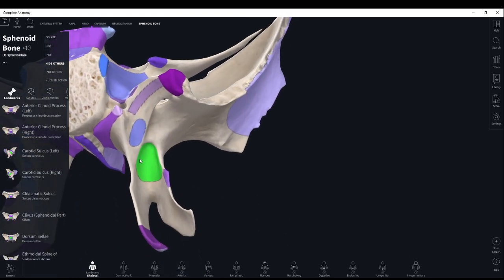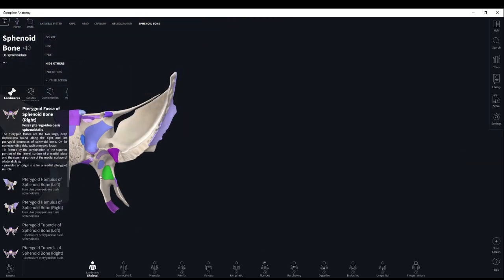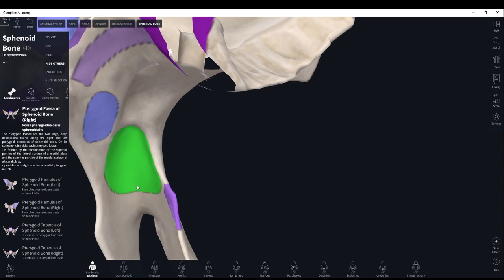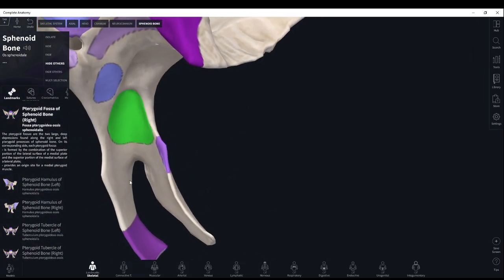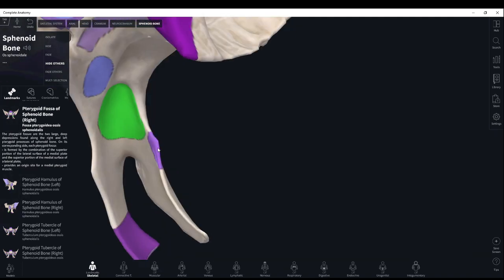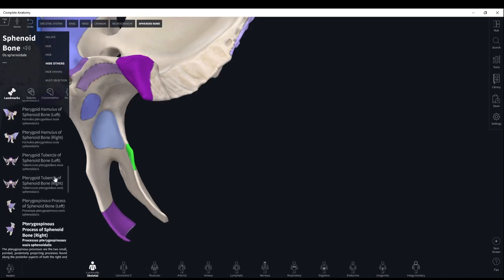Next, between the two laminae of the pterygoid process, you can see the pterygoid fossa, between the lateral and medial laminae. On the lateral one, you can see the pterygospinous process.